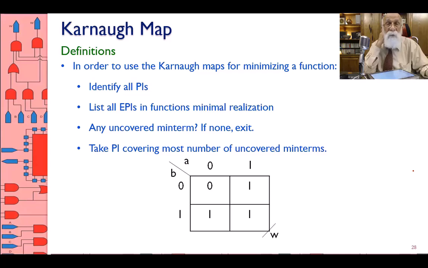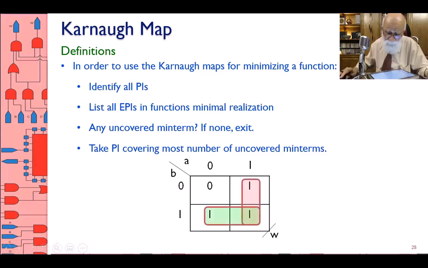How do I go about minimizing a function? First, I identify all prime implicants. Don't worry about identifying implicants. Implicants are cheap. They are everywhere. Okay? And then take this here. Let's identify prime implicants. Here is a prime implicant I identified.